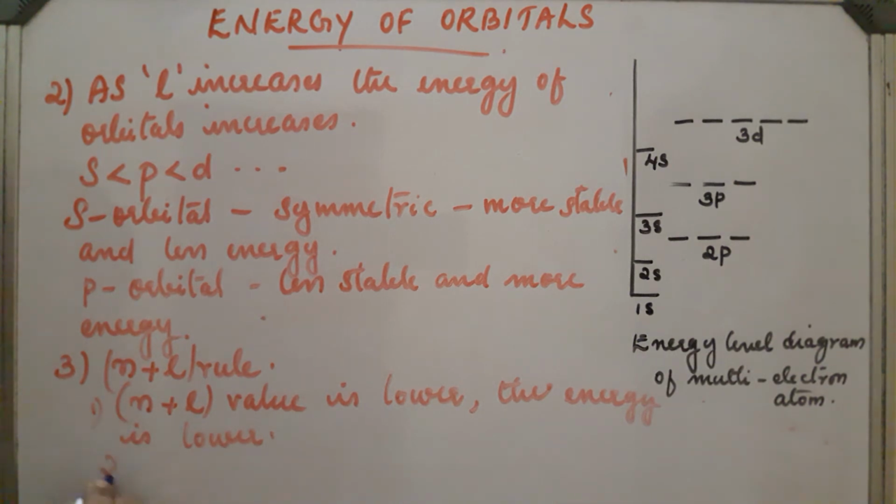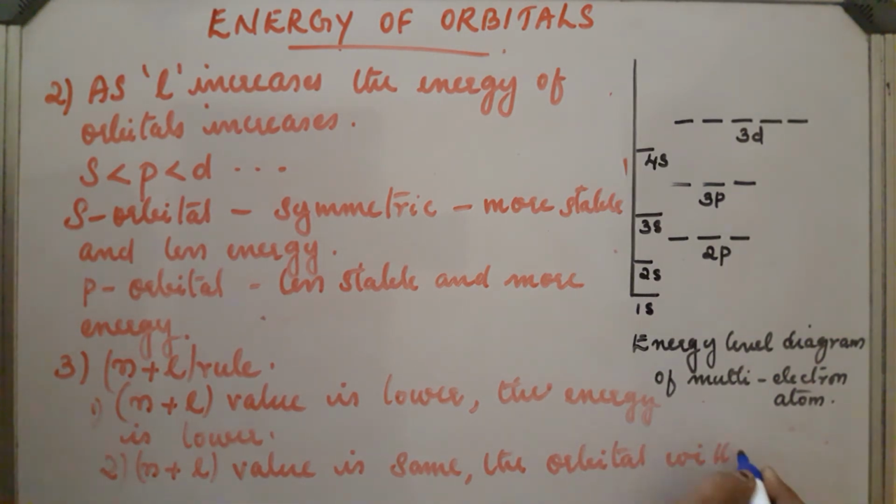That is the first case. Now if the n plus l value is the same for two different orbitals, what will happen? If the n plus l value is the same, in such cases we have to consider the value of the principal quantum number. The orbital with the lower value of n will have lower energy.